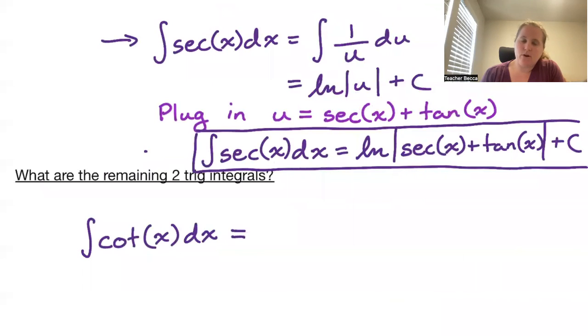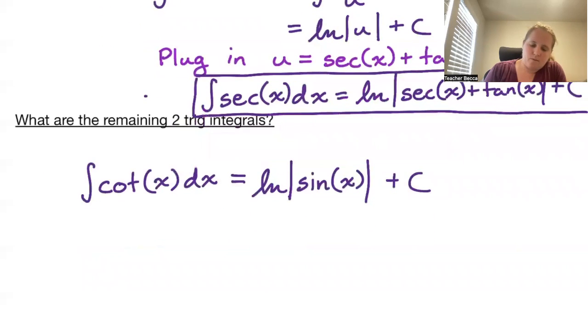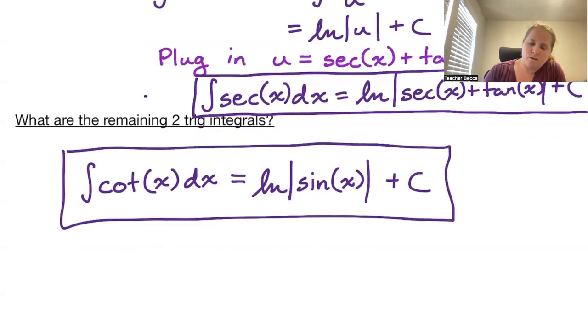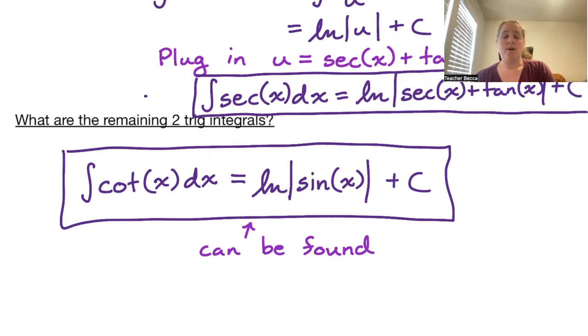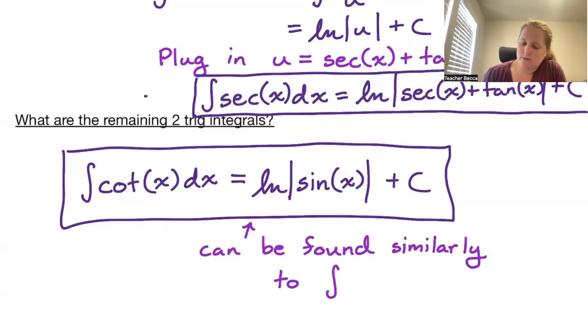Turns out the integral of cotangent is a positive natural log of absolute value of sine of x plus c. This one can be found by performing a similar process as was used for the integral of tangent of x dx.